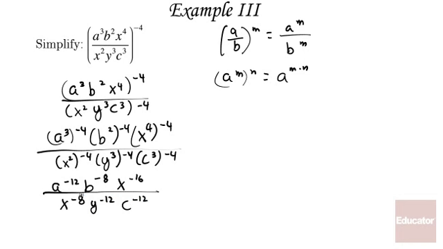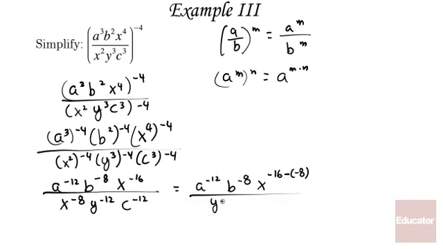Okay. Before I go any farther and deal with the negative exponents, I first notice that I have some simplifying I can do because these two have the same base. Therefore, I can divide, and dividing with like bases will require me to subtract the exponents. A negative 12, b negative 8, x negative 16 minus, and this is a negative, so it's minus negative 8.